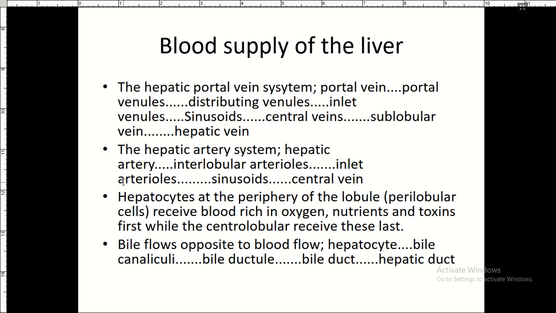So the hepatocytes at the periphery of the lobule are said to be perilobular cells. And take note of this. Since they are coming from the portal triad, which has the hepatic artery with a high content of oxygen, the perilobular cells or the peripheral hepatocytes are going to be rich in blood, oxygen, nutrients, right?